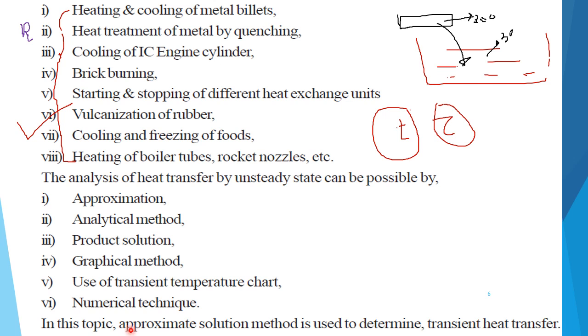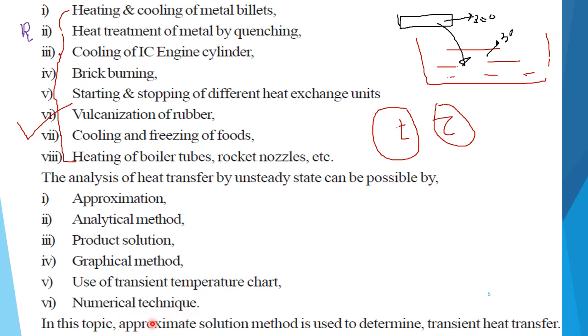Whenever we have to handle an unsteady state heat transfer problem, either in real life or in industry, we have to go for the approximation method, analytical method, product solution method, graphical method, use of transient temperature chart, that is called Heisler chart, or the numerical method.